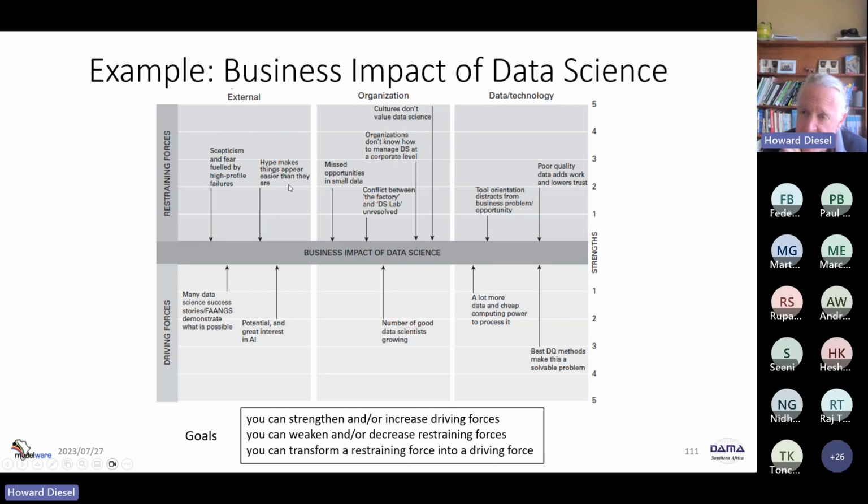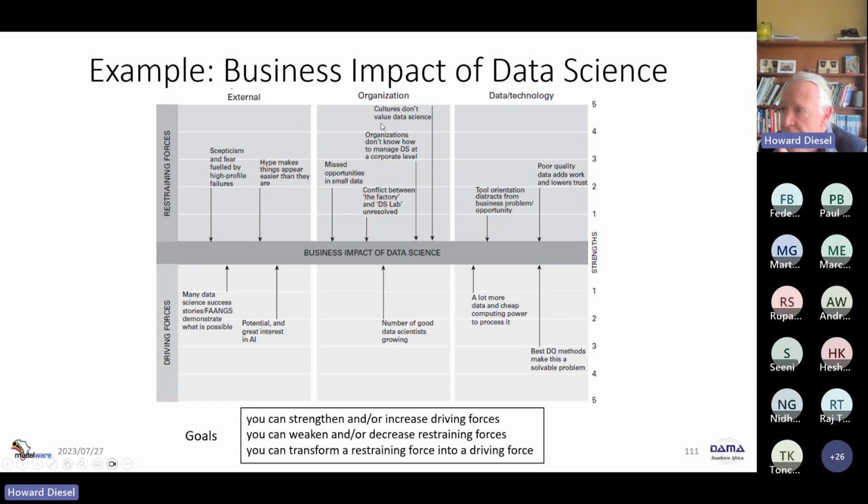The other challenge is that people recognize the hype, when the vendors are going crazy on things like ChatGPT. Yes, it's fine, but it's not as easy as people make it out to be. From an organization point of view, what are the problems we're having with our small data? Yes, we want to go to big data, but what are the problems with the small data?